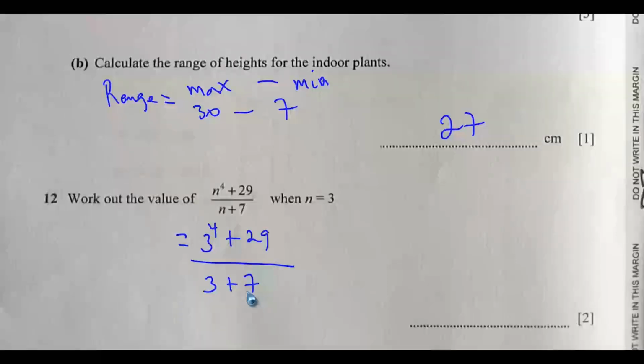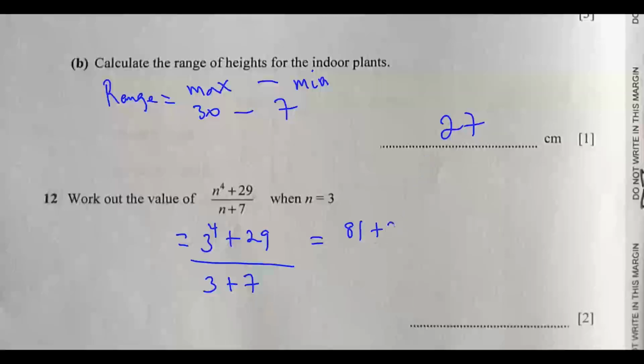So you can actually do this. I think this will be very easy for us to do. Let's simplify this. 3 to the power of 4, that is 3 multiplied by 3 multiplied by 3 multiplied by 3, that will be 81.